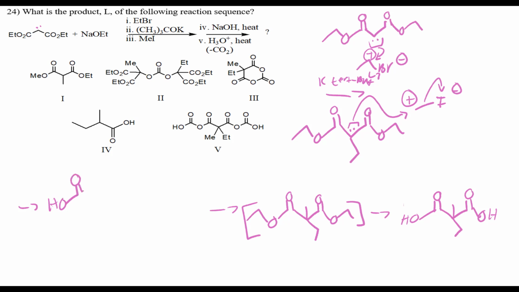Okay? Just one. So here's our methyl group. And then here's our ethyl group. Okay. So overall, the answer choice should be 4. So here's our carboxylic acid, our carbon that has a methyl on it, and then an ethyl as well. So the answer is D.